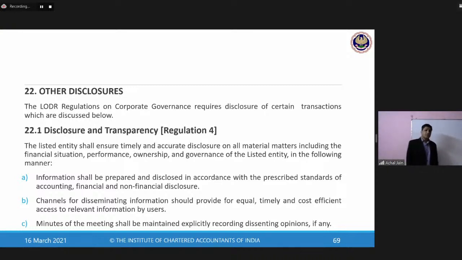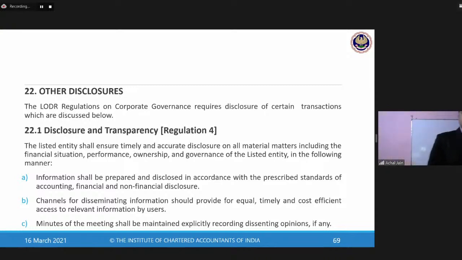But when it comes to all of these requirements, it's not something which will come down to each and every point. Otherwise, it will become very problematic for recording or for maintenance of records of such information. It all comes down to the material matters, the significant matters, the ones which are really relevant for anyone who has a stake in that organization.